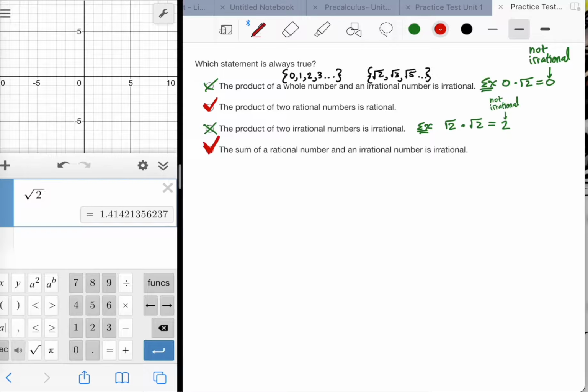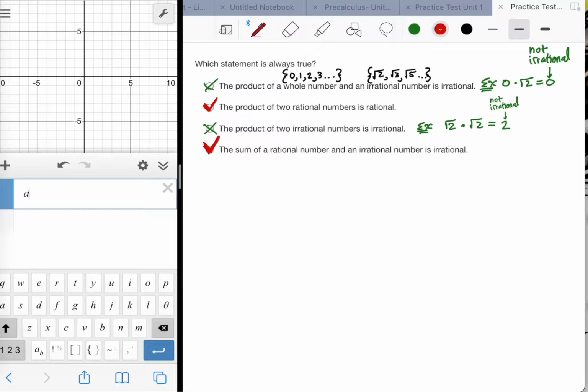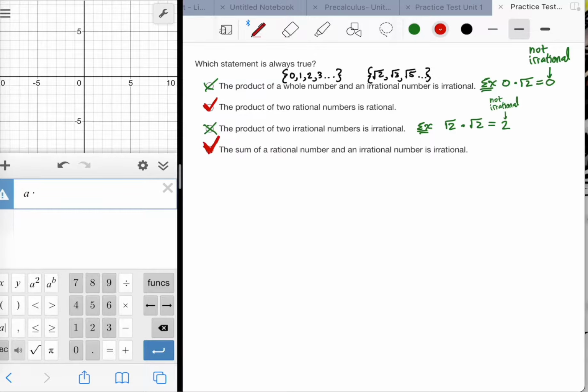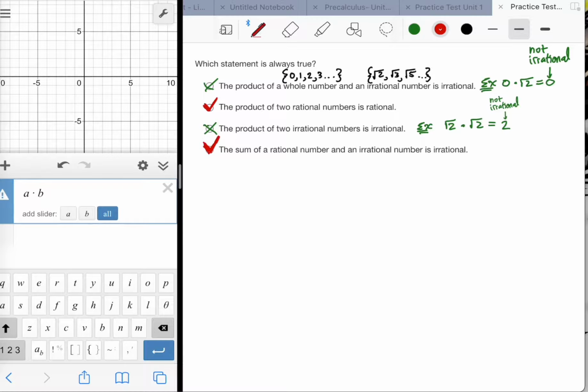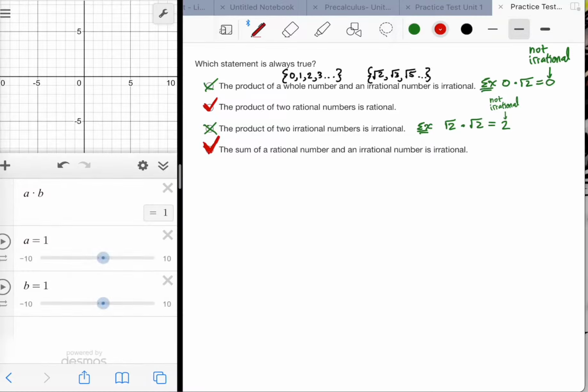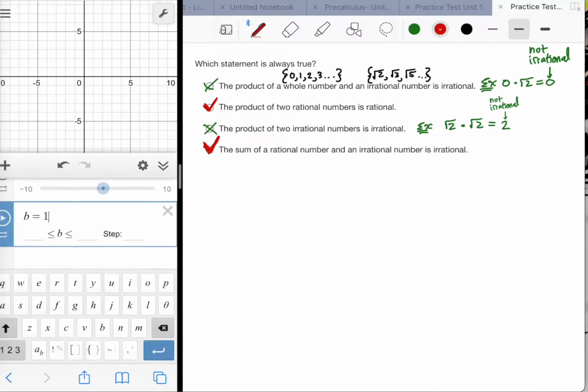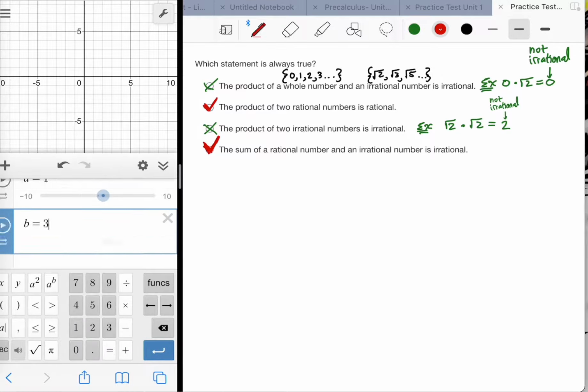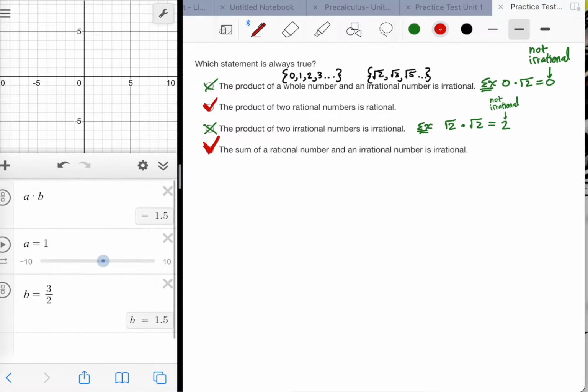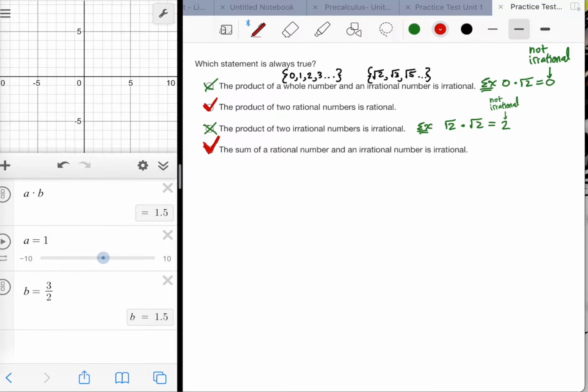A way of handling that, it's not ideal, it's not pretty, but you could do it on Desmos by multiplying some value A by some value B. Create some sliders and just see what the result would be for particular rational numbers. So let's say I put in 1 times, I don't know, 3/2. 1 times 3/2 gives you 3/2, which is rational.